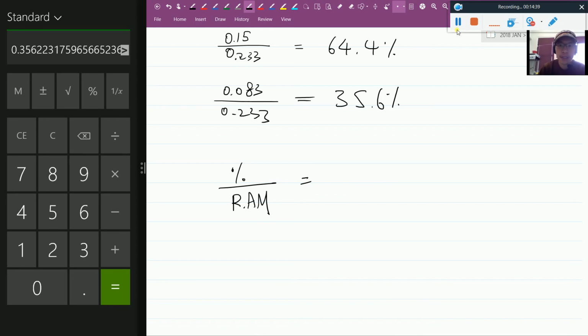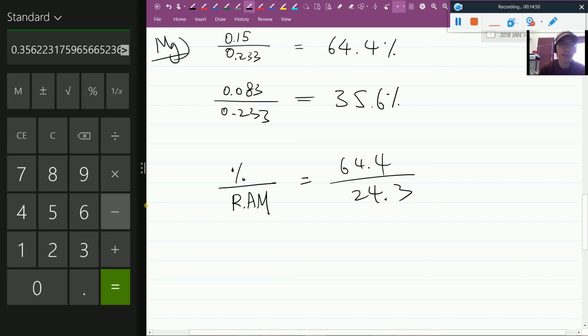Let's try it. We have 64.4 over, because it's magnesium, and magnesium has a relative atomic mass of 24.3. So 64.4 divided by 24.3 is roughly 2.65.